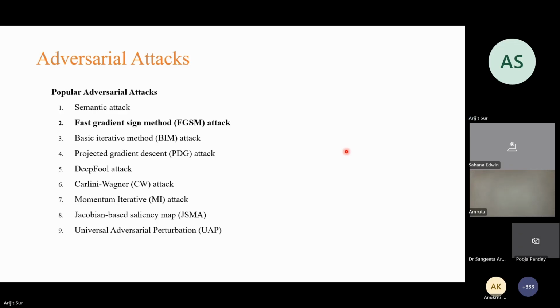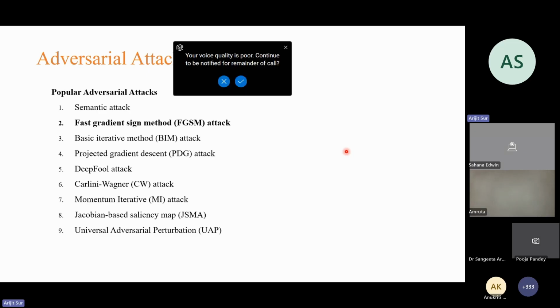In this particular FGSM attack, we will try to go as deep as possible, but we don't have much time. It is already 7:10, I think. So we'll discuss for another 10 minutes, and then the last 10 minutes we'll go for questions and answers. Doing it very fast. So what is the basic idea here?